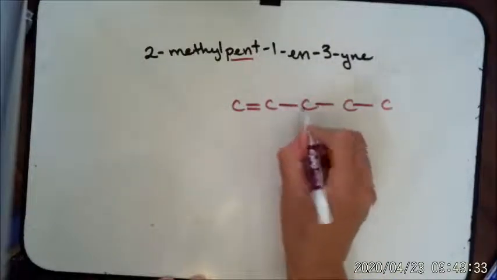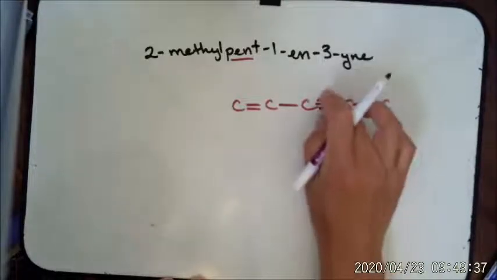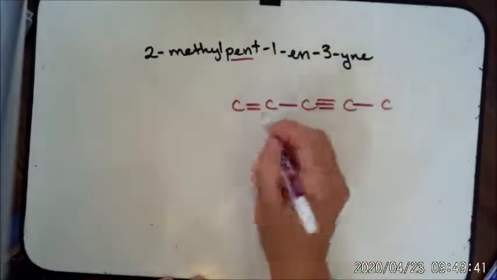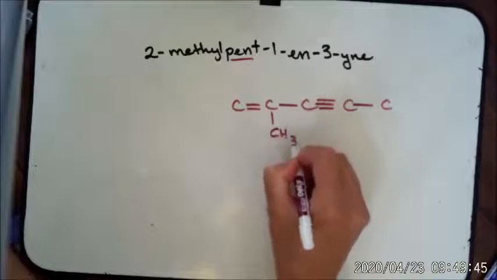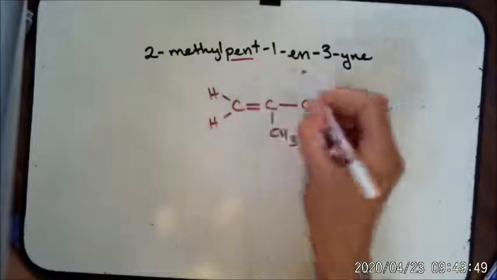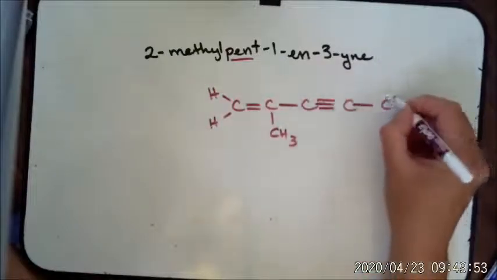And at the 3 position, I have a triple bond. Okay, sorry. And at the 2 position, I have a methyl. So now all I have to do is fill out the rest of my valences, 4, 4.